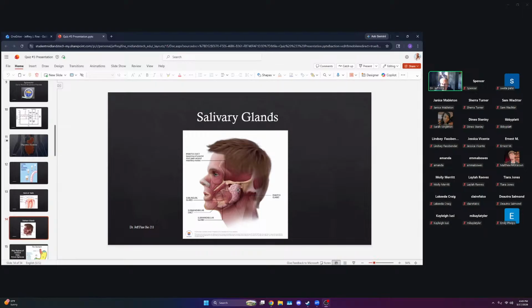It is the largest of the salivary glands. Remember, I told you on the diagram that we filled out that you would need to know that one. Then we have the submandibular salivary gland, which lies, just like I said in lecture, right under the mandible.